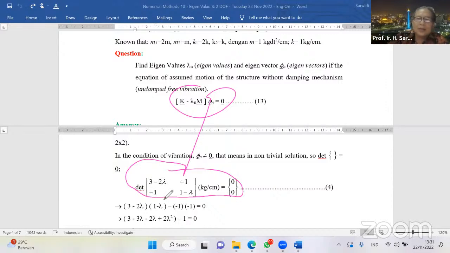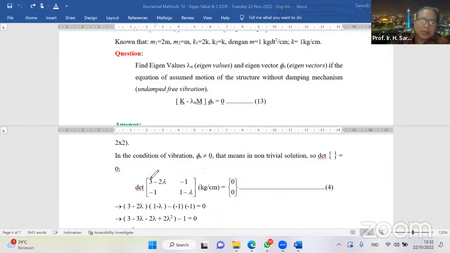Please focus here. Determinant means this one times this one minus this one times this one. So one by one first, step by step.